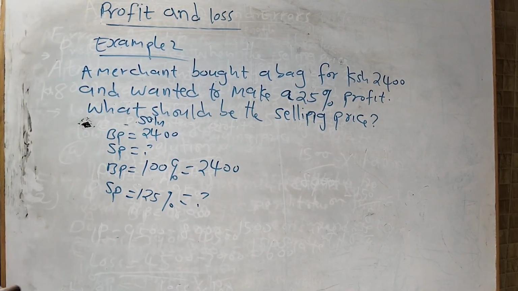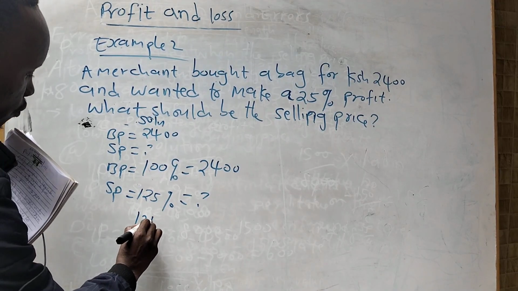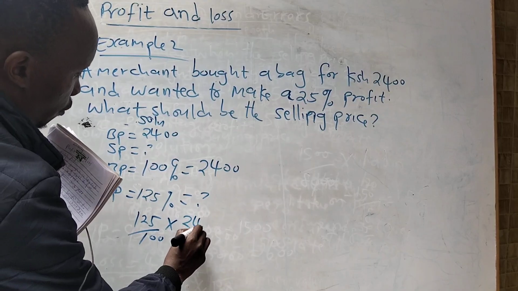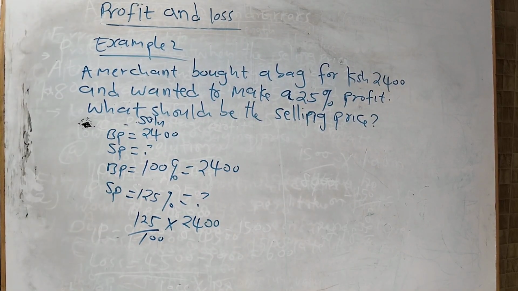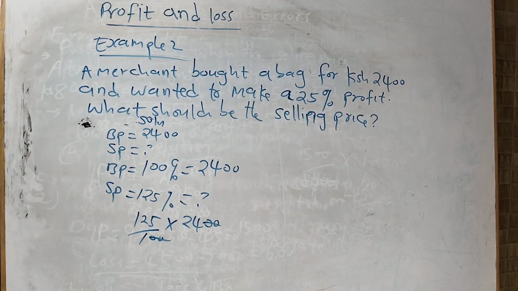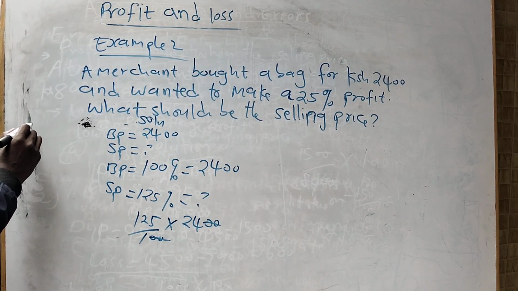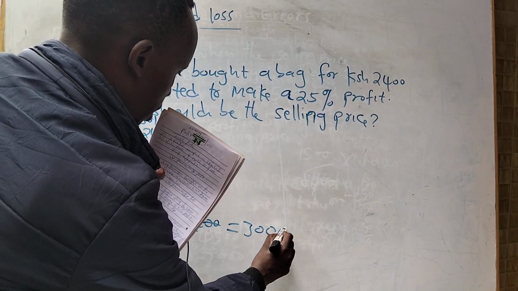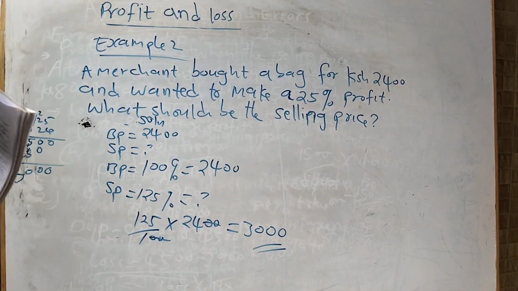So what will be the selling price? So it will be 125 over 100 times 2,400. So what could be the selling price? We do this 125 times 24. The selling price could be 3,000 Kenya shillings. So that's how that will be the selling price.